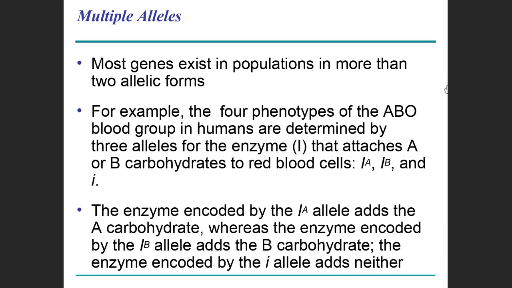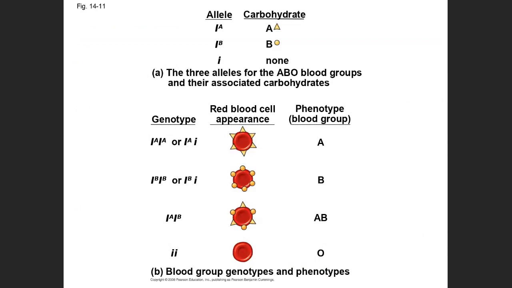And antigens are substances that the immune system sees as foreign and reacts to. Most commonly, antigens are proteins, but they can also be carbohydrates. In the case of the AB antigen, it is a carbohydrate.